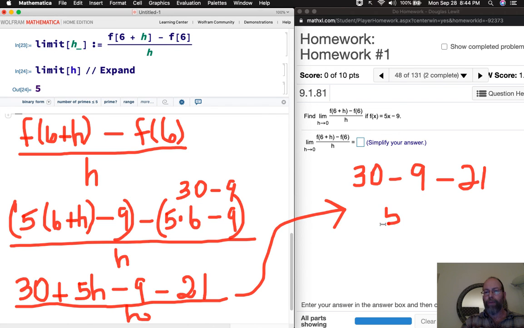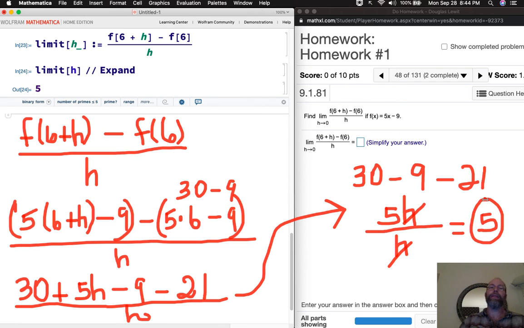So you're left with 5h divided by h, and we can see that the h's cancel. You're actually going to be left with 5. Okay? 5 is correct. That is the answer. 5 is the limit. Let me get rid of all this scribble.